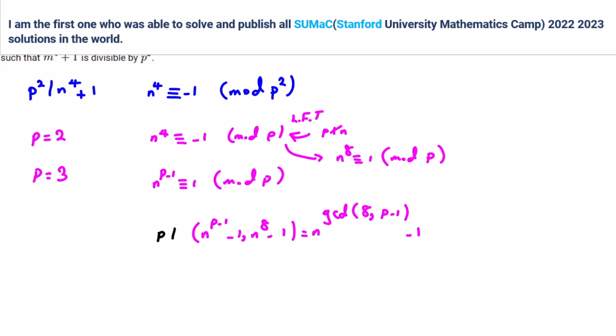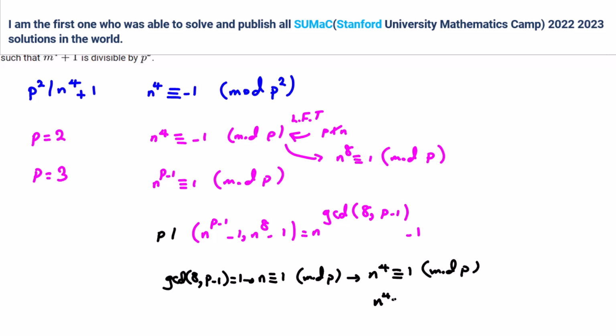Yes, if, for example, the GCD of 8 and p minus 1 is 1, then n is 1 mod p, and then n to the fourth is 1 mod p. Also, we know that n to the fourth is negative 1 mod p. So p divides 2, p is 2.